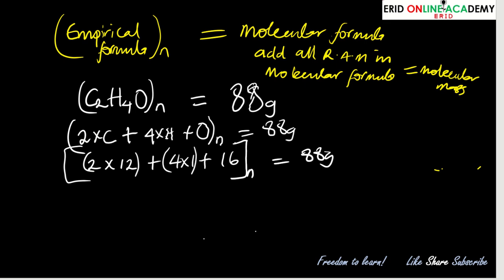So 2 times 12 gives me 24, plus 4, plus 16, multiplied by n to give us 88 grams.